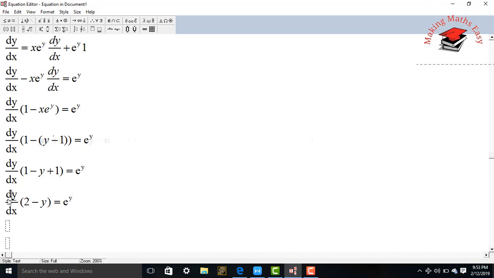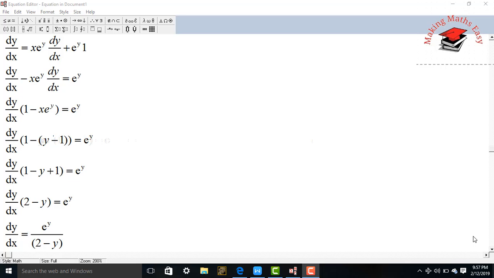After taking 2 minus y in the denominator, we get dy by dx is equal to e raised to y over 2 minus y. So in this way you have to solve it, and we have to prove the rest of the sums.